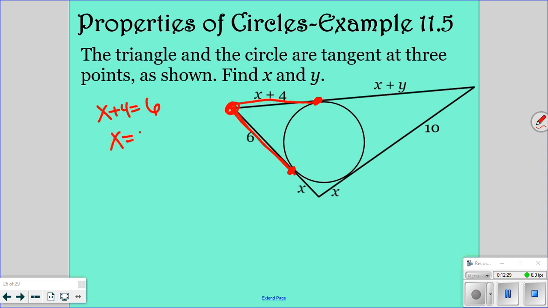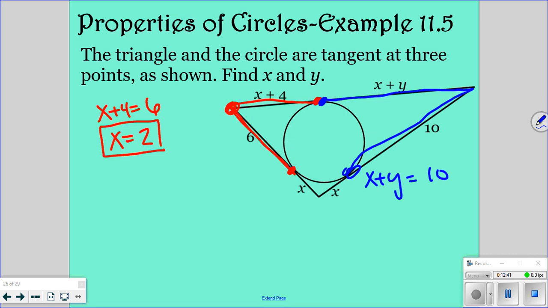So that means that x has to be equal to 2. And then also, we have this tangent and this one. So that means that x plus y has to equal 10. So if x is 2, then y would have to be 8. So that's how you can find x and y.